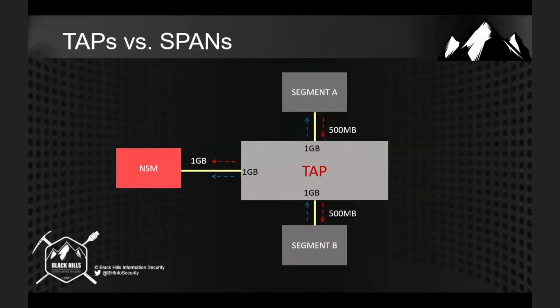So say your firewall is segment B and segment A is your internet service provider connection, you're in line with that connection at the internet point of presence, from the packets leaving your environment going to your ISP, and then vice versa. And in these scenarios, the tap technologies guarantee that you'll get a bit for bit copy of the traffic that's going through that tap.